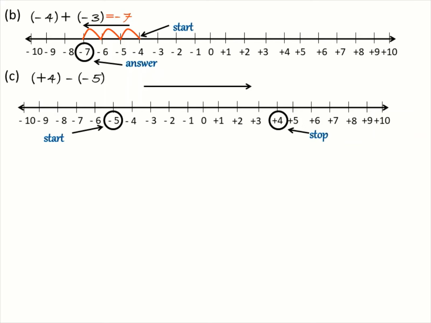The number of steps we move when we are subtracting, that becomes our solution. So for this case, how many steps will we move from -5 to +4? Of course, if you count those steps, you realize that you are moving 9 steps. So since we were moving in the positive direction, then our answer becomes +9.